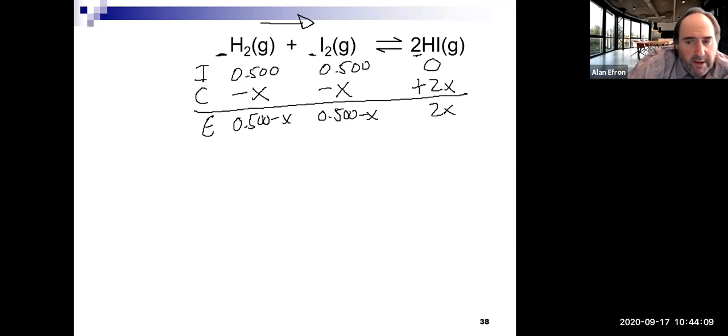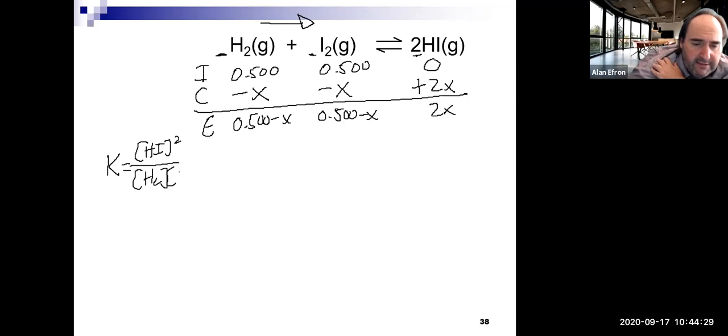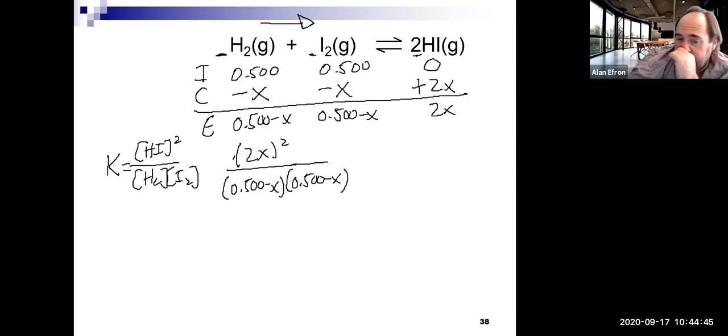Okay, so just like we've been doing, we're now going to take the equilibrium line and put it into our expression. K in this case is our HI squared over our H2 and our I2. Putting that in gets us 2x squared divided by 0.5 minus x, 0.5 minus x, and that is going to equal 54.3.